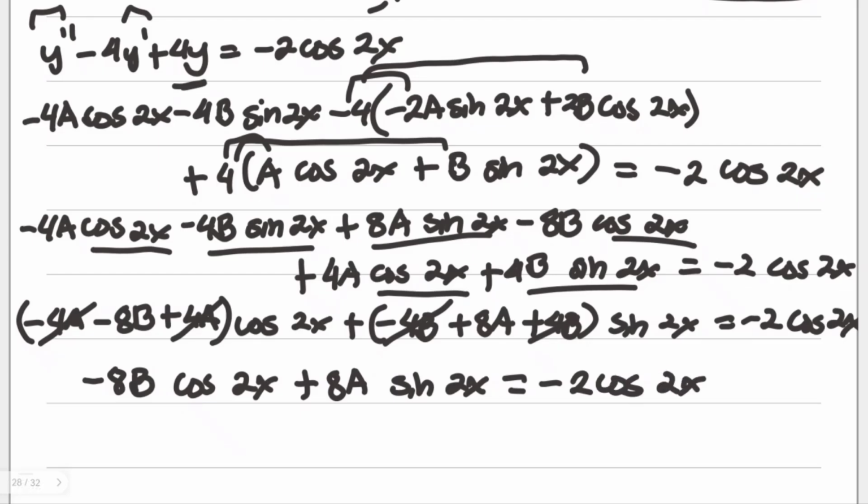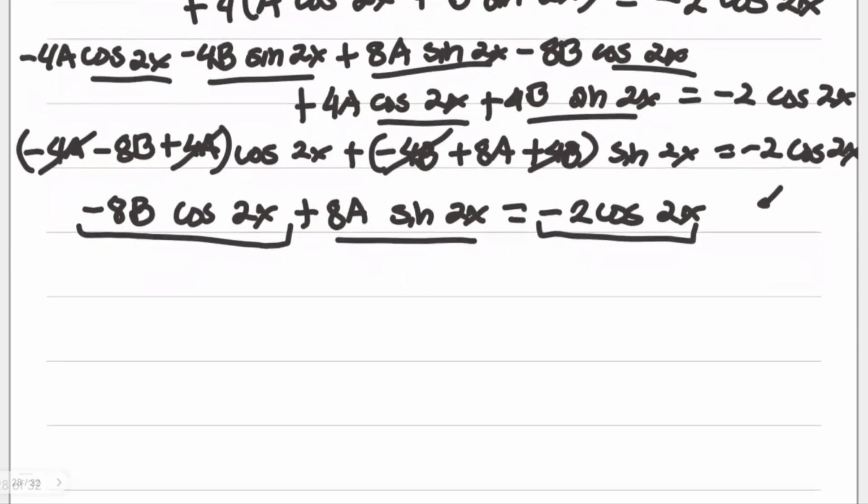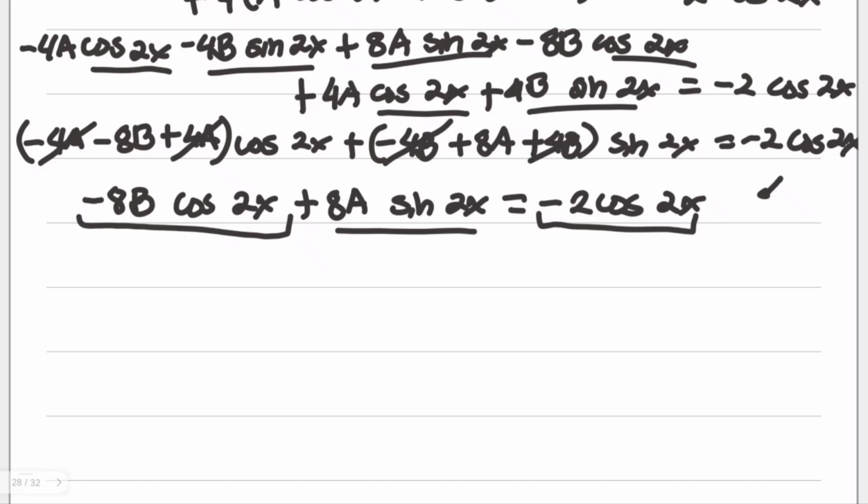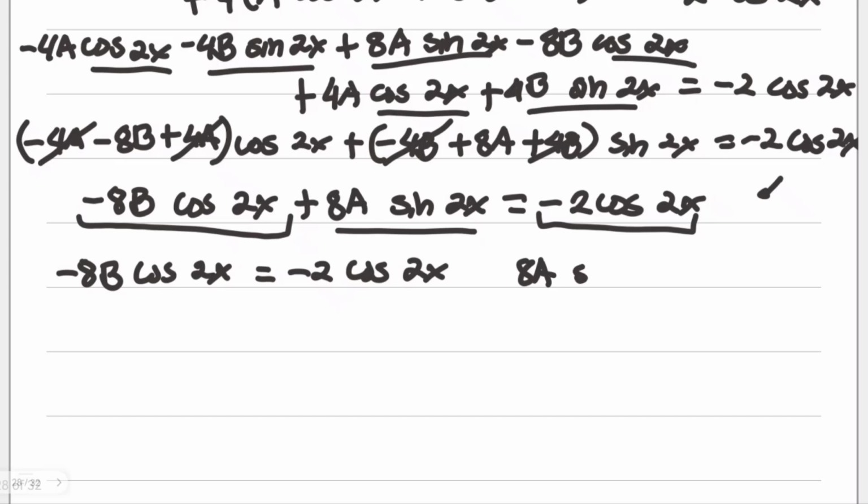This would mean that this function with cosine would be equal to this, and since there's no sine on this side, automatically this will be equal to 0. Here is what it will look like. You have minus 8b cosine of 2x is equal to minus 2 cosine of 2x, and on the other side 8a sine of 2x is equal to 0.